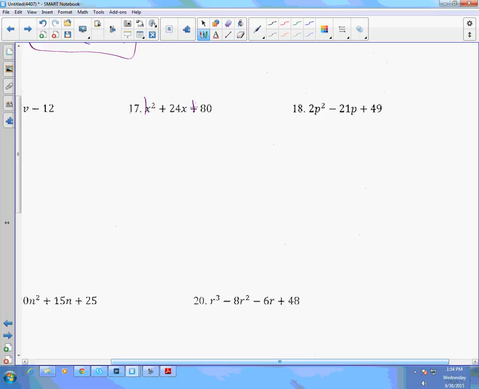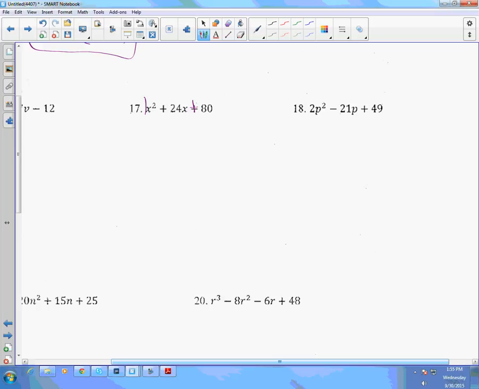Always check at the beginning for the greatest common factor. 2, 21, and 49. 2 is not in 49. What's the greatest common factor? So 1. Do they all have x's? No. But since it's a quadratic, it's probably still factorable.